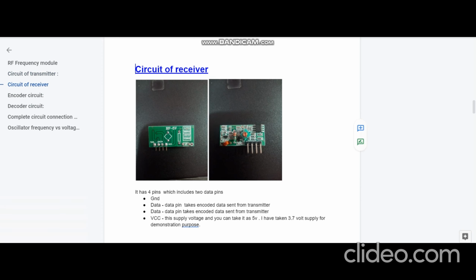It has four pins, which include two data pins, ground, and VCC. The two data pins are used to take the encoded data sent from the transmitter, and the VCC is the supply voltage. You can take it as 5 volt, but I am taking 3.7 volt of supply here for demonstration purposes.